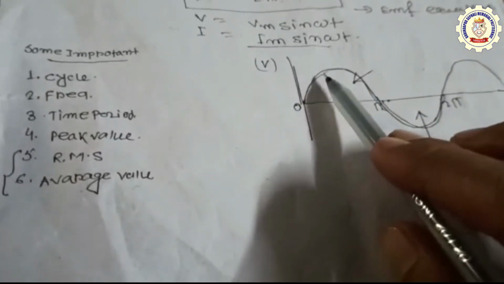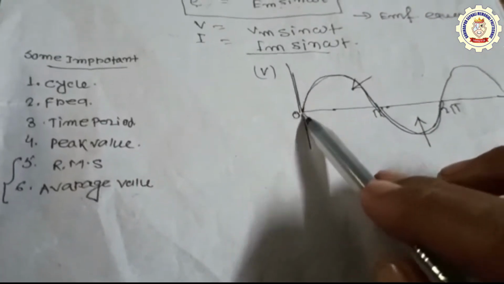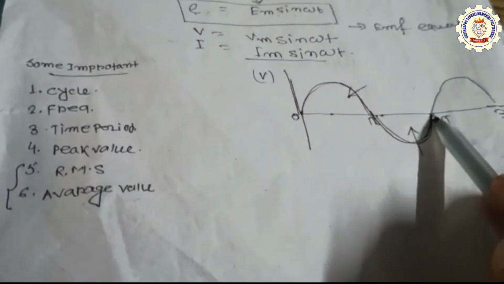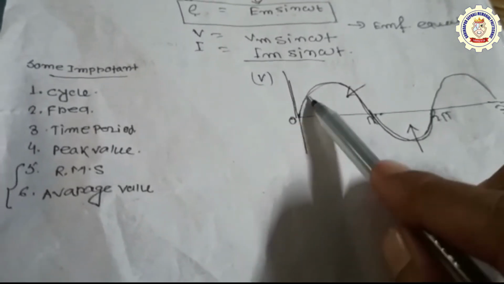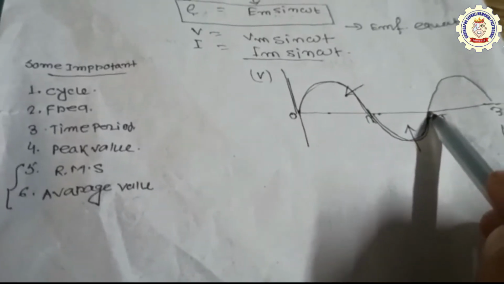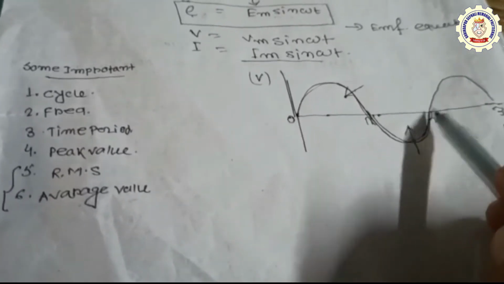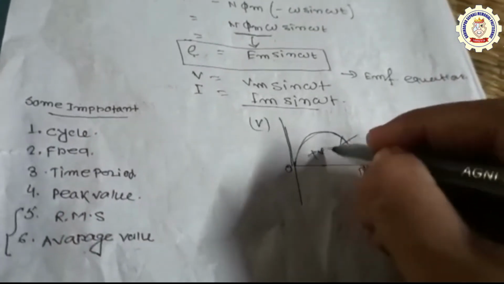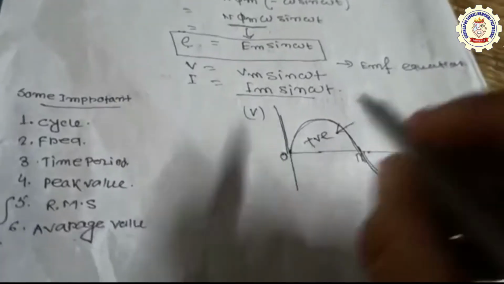So a complete set of positive as well as negative value of an alternating quantity is called cycle. Okay, this is our positive peak and this is negative peak.